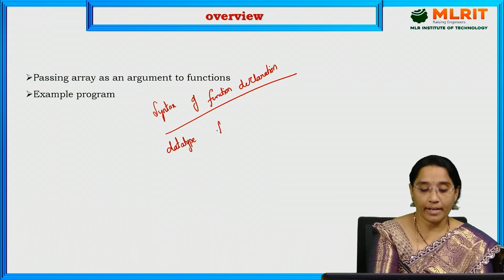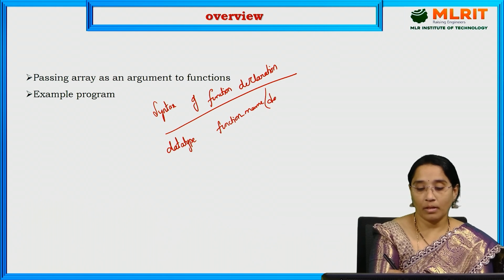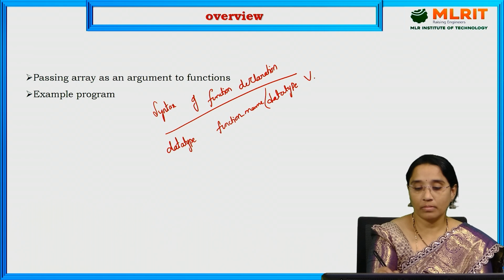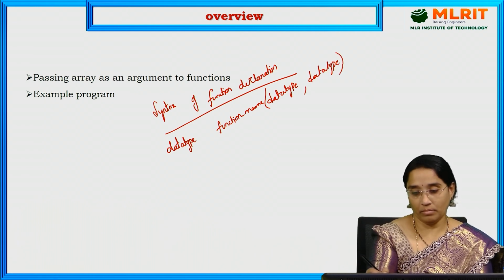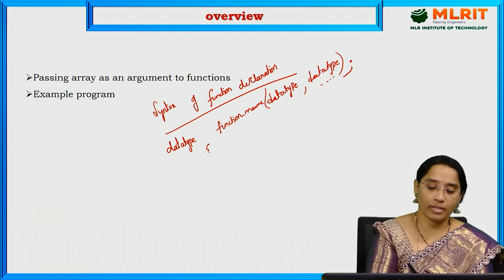It's data type, function name, data type, comma, data type, and so on. This is the function declaration.